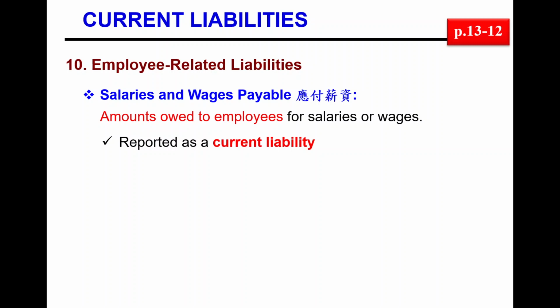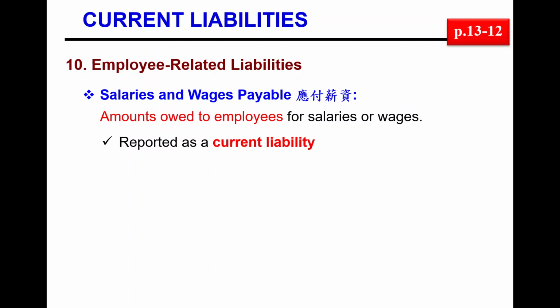Could you tell me so far which account we've learned about employees? So the company has these kinds of liabilities about employees. Any kind? Salaries and wages payable, right?